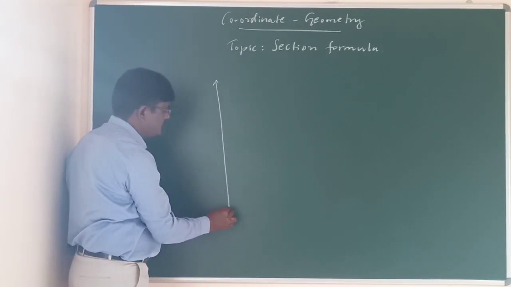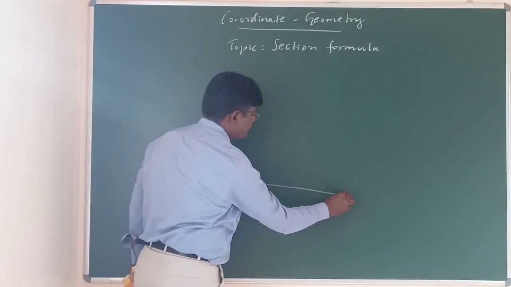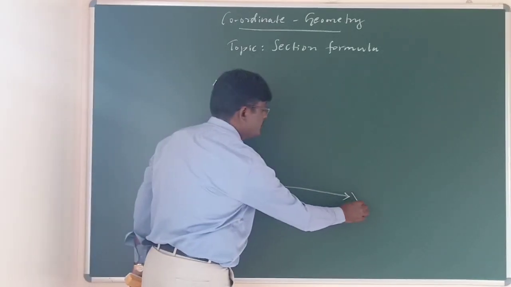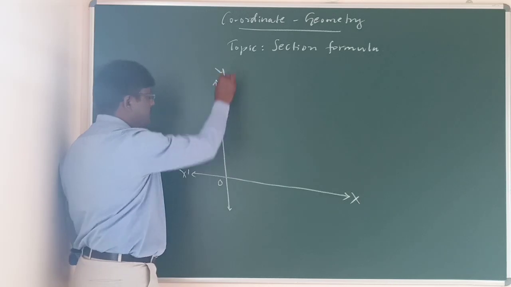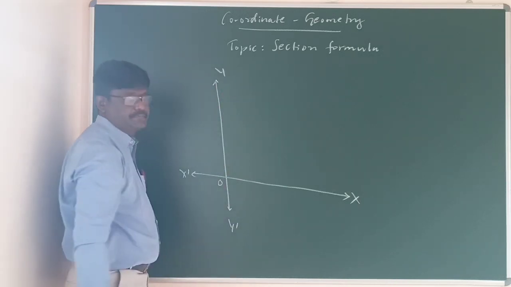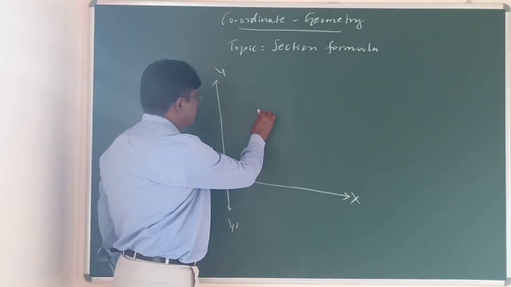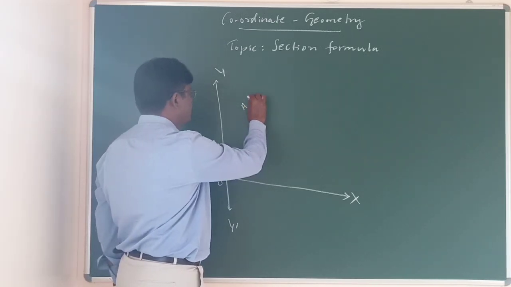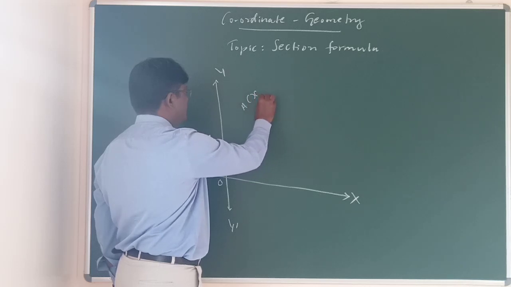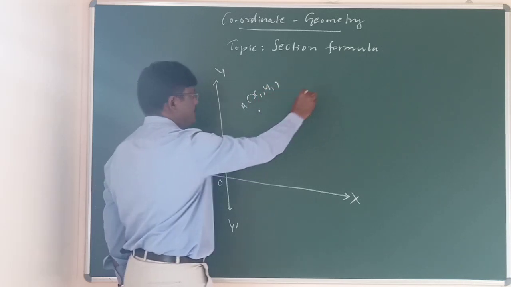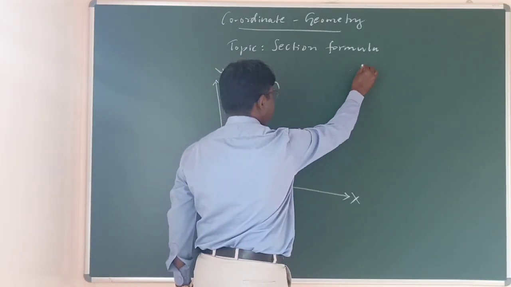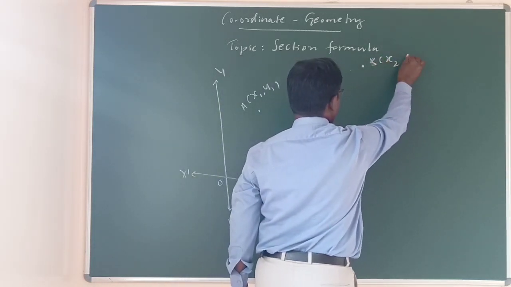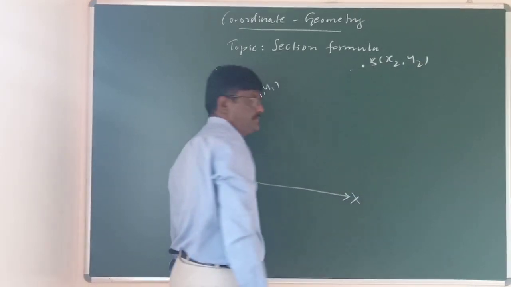Consider a Cartesian plane, X'OX and YOY'. Consider two points A whose coordinates are (x1, y1) and B whose coordinates are (x2, y2).